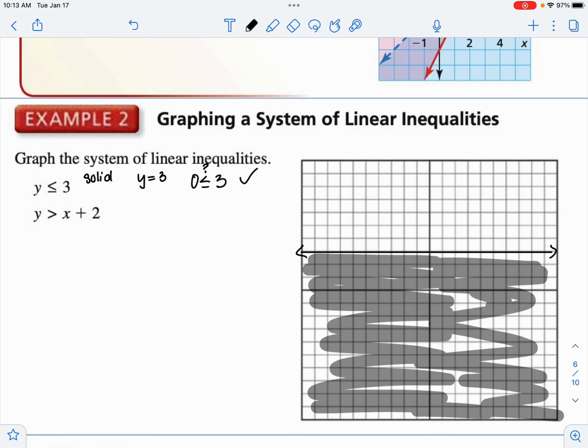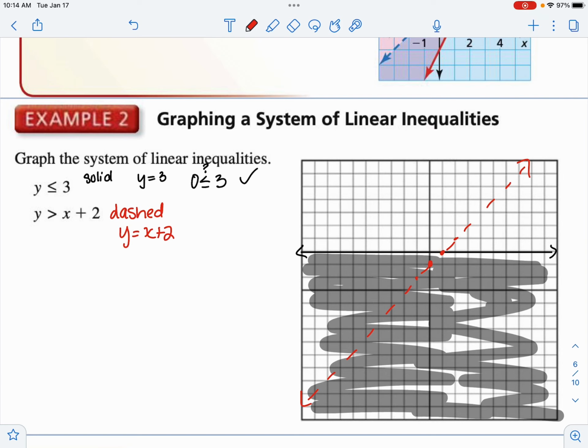Then the next inequality, which I will do in red, this is going to be dashed. And we need to graph the boundary line y equals x plus 2. And so that's a y-intercept of 2 and a slope of 1 over 1. So dashed line, edge to edge. And so what you want to do is you kind of want to ignore all the black shaded part and the black line, and just focus on the red. So the red line, dashed line, is dividing this graph into two portions.